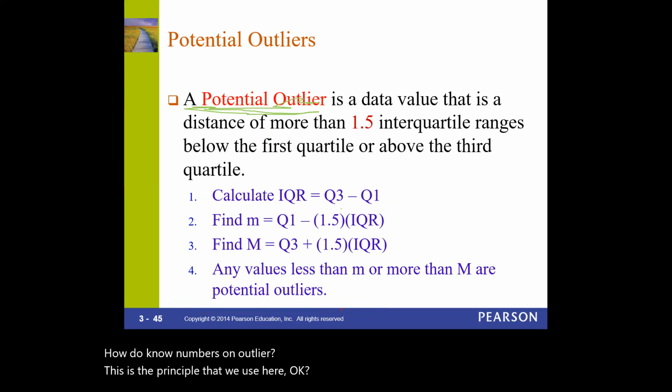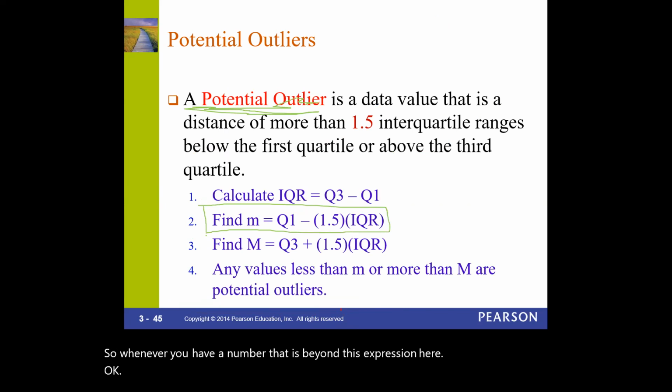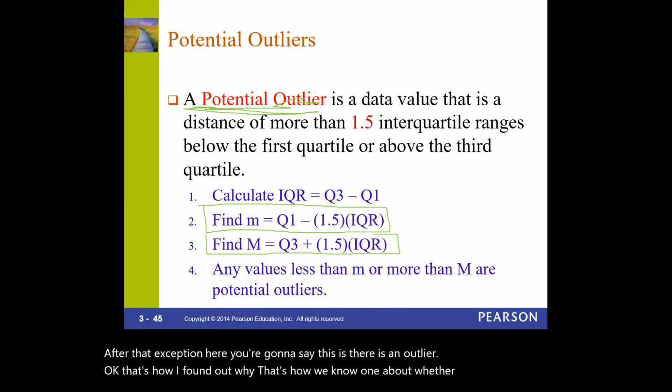Whenever you have a number that is below or beyond this expression here, we say it is an outlier. That's how we know whether a number is an outlier or not.